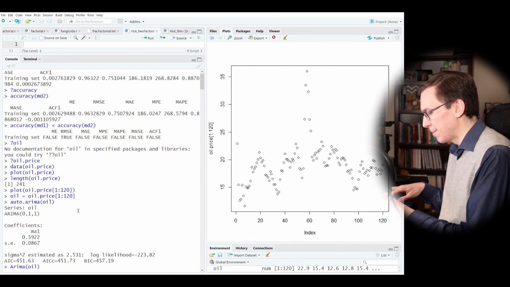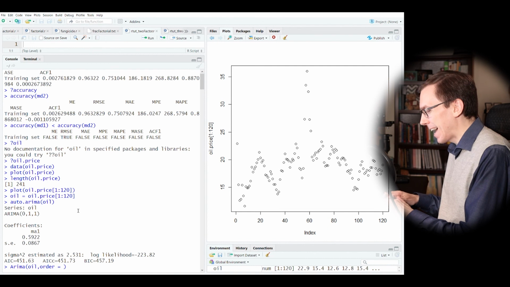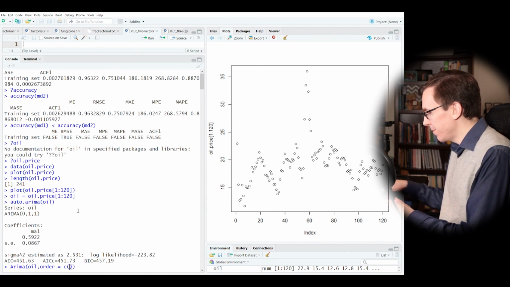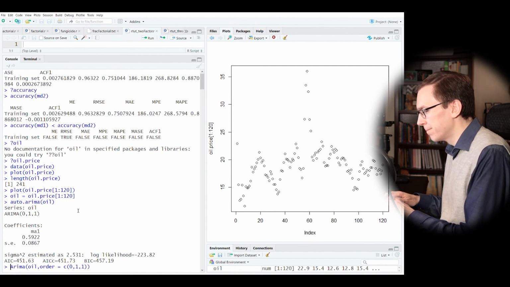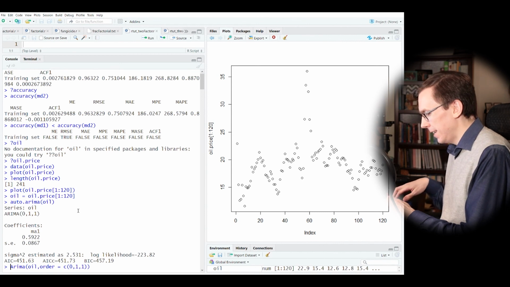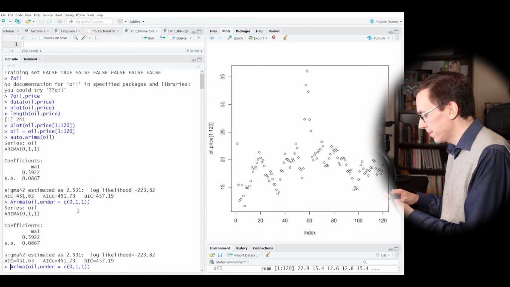So I'm going to fit ARMA, but I'm going to make sure that I use capital A so that we can look at the forecast accuracy. And the order I'm going to fit is the same one as before. And in this case, we get that one. I'm going to say MD oil.md1.